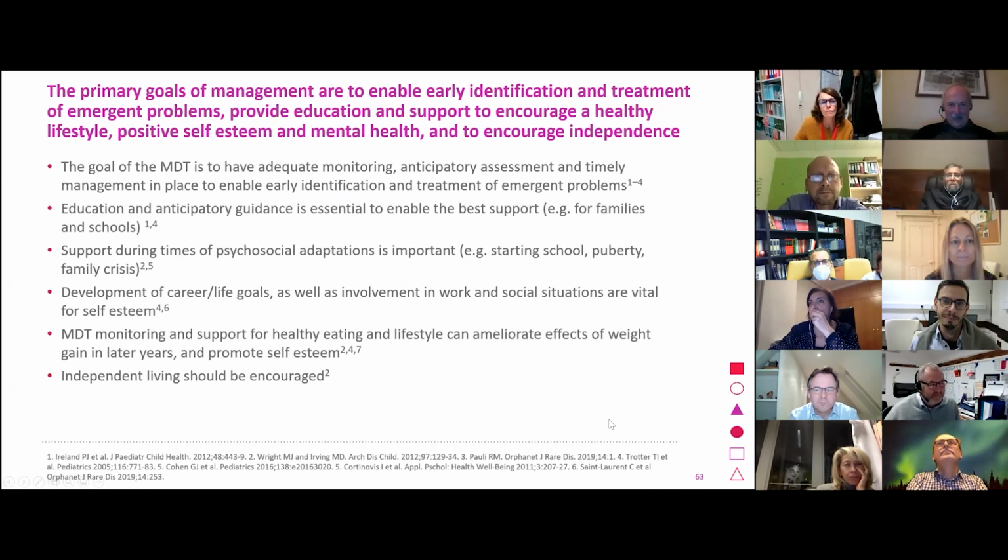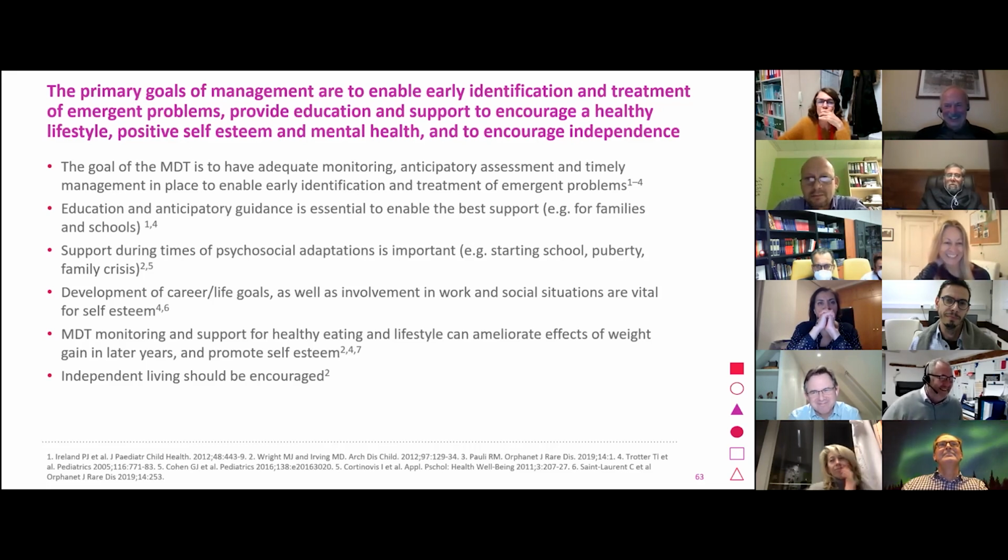The primary goals of management are to enable early identification and treatment of emergent problems, provide education, support to encourage a healthy lifestyle, positive self-esteem and mental health, and to encourage independence. Yeah. I like this too. It's a nice comprehensive statement. Yes.